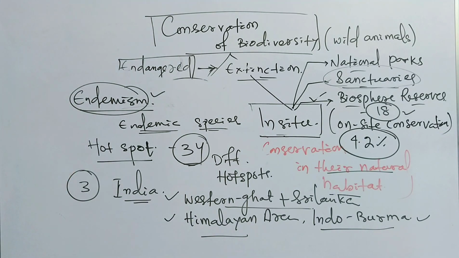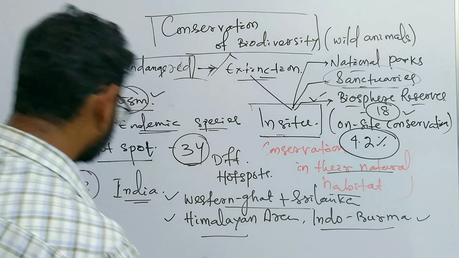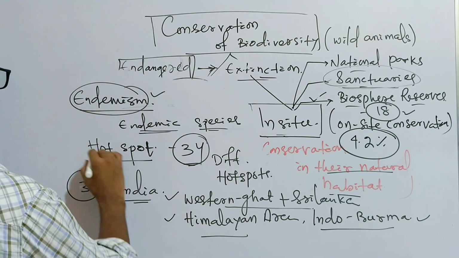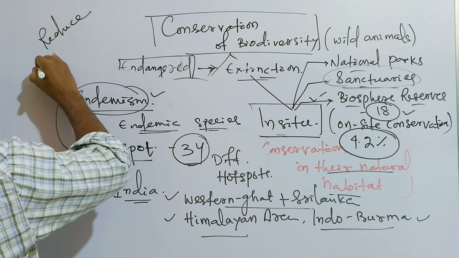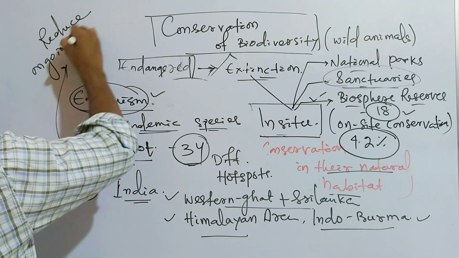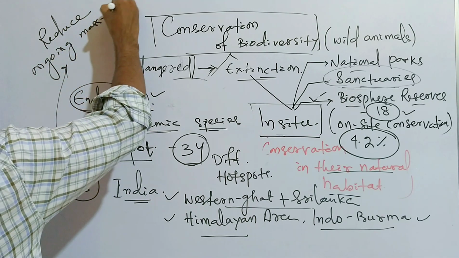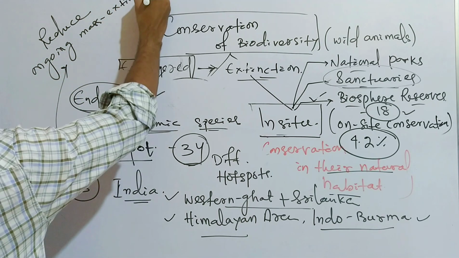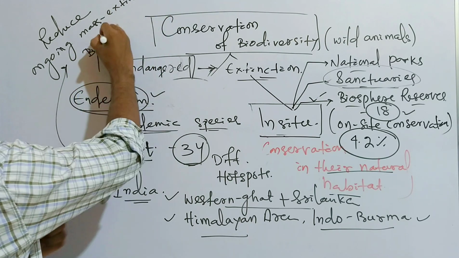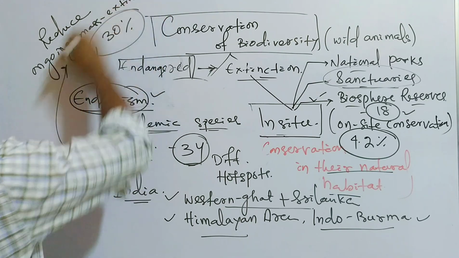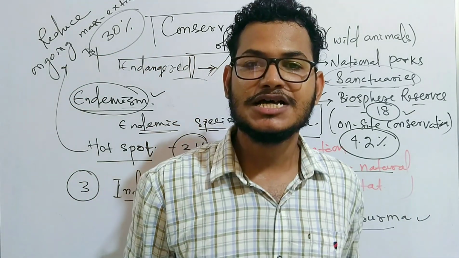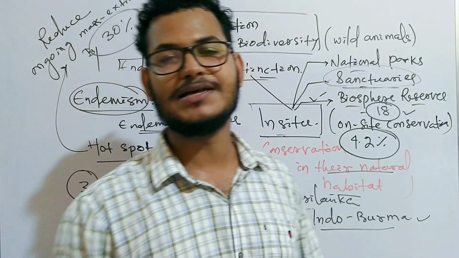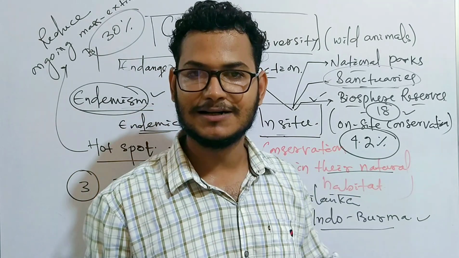So the development of hotspots reduces ongoing mass extinction by 30%. So mass extinction means extinction of many different endangered species together.